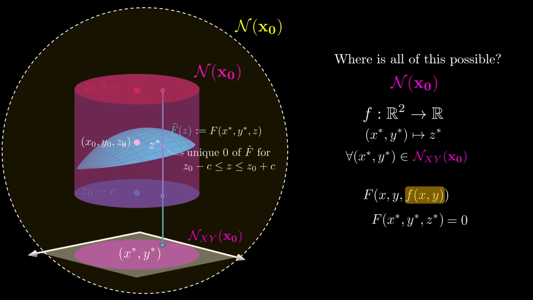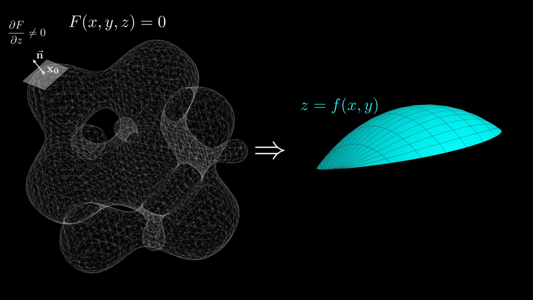But just reflect. We've just made something really awesome. We began with an arbitrary surface that we didn't know what its shape was, and we began with just one point that had a non-zero derivative with respect to z. And with these very scarce conditions, we were able to find a function that maps part of the surface.